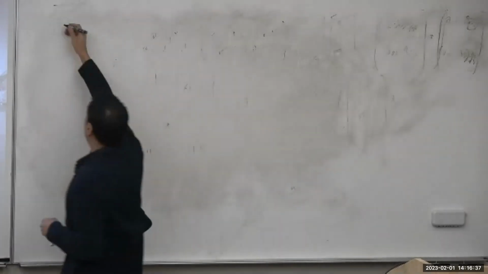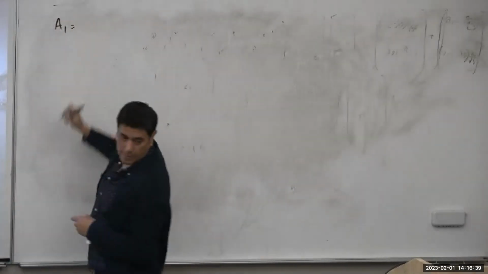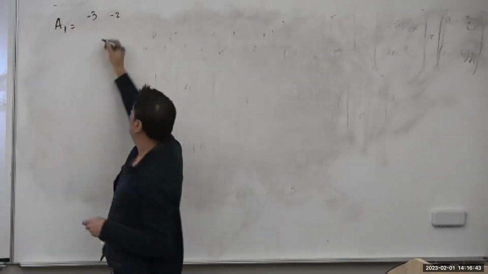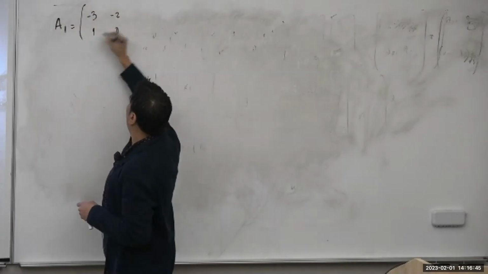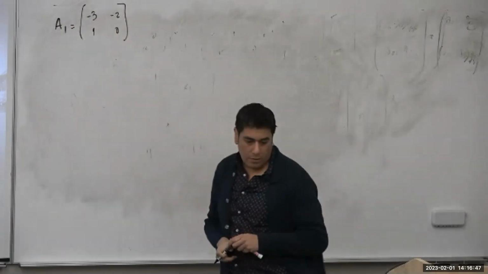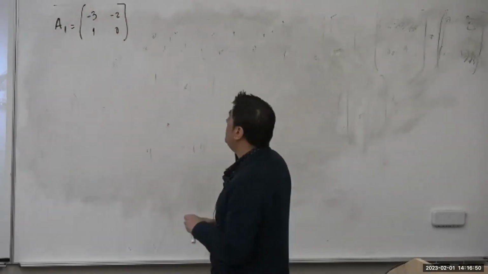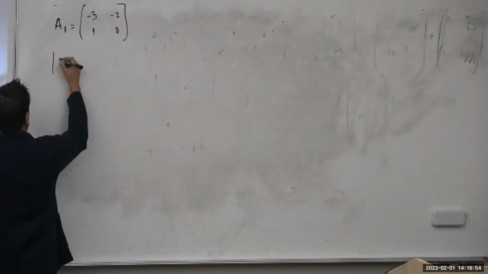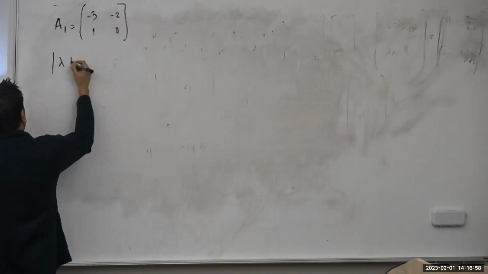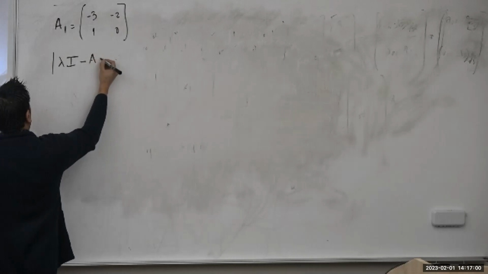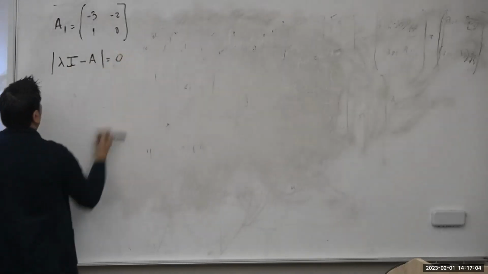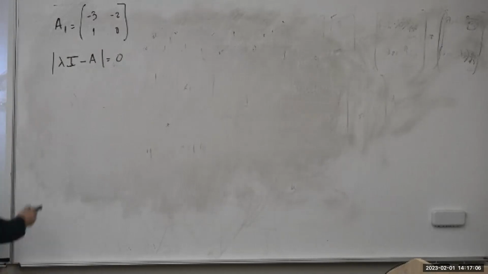So the first one is A1, that's a matrix. Now we need to find the eigenvalues, but the eigenvalues will be determined by finding the lambda that makes this determinant equal to 0.